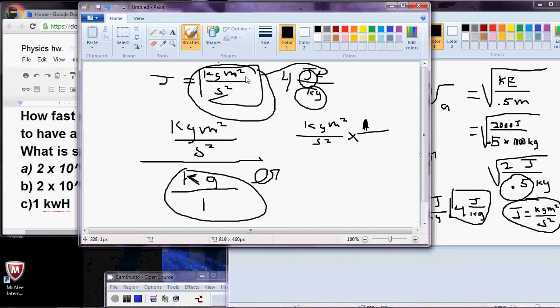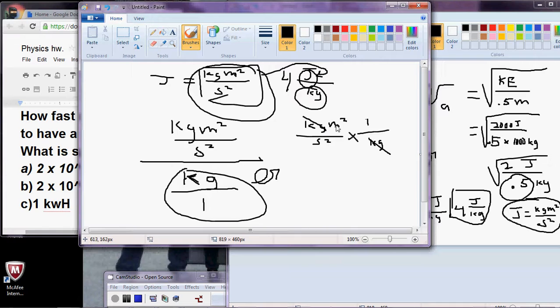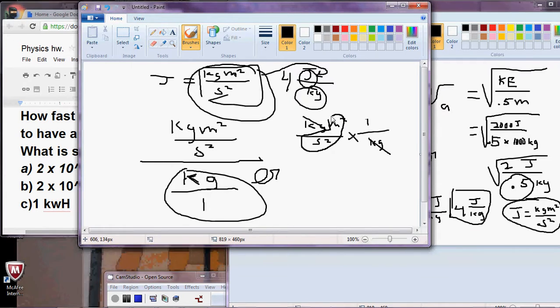Actually, let me erase that. Everything will be cleaner. Okay. It would be 1 divided by kilograms. And guess where we go? Kilograms cancel out, and we have meters squared over seconds squared.